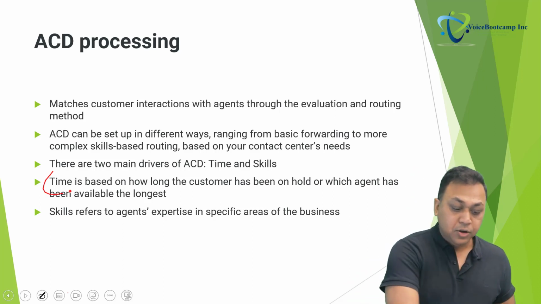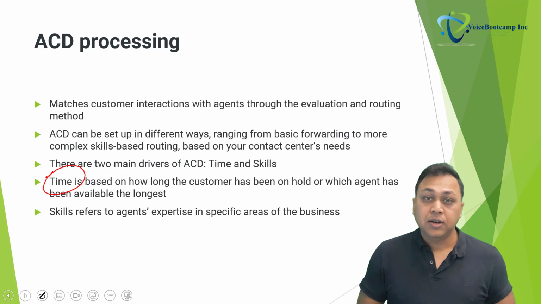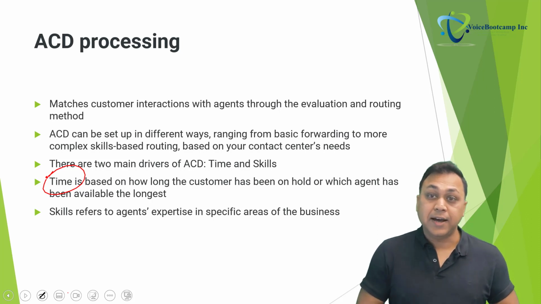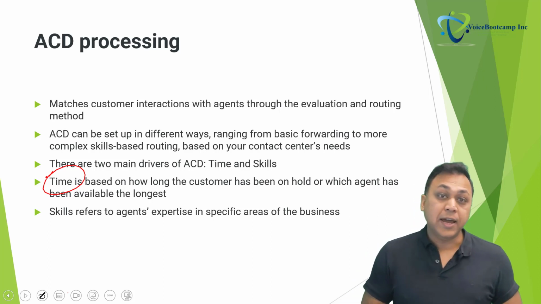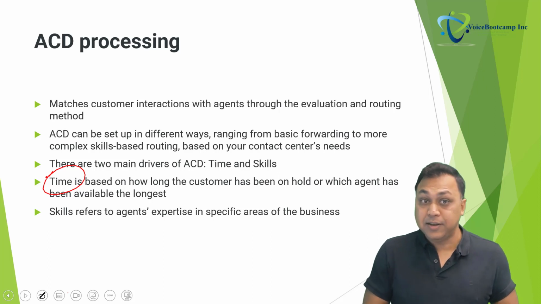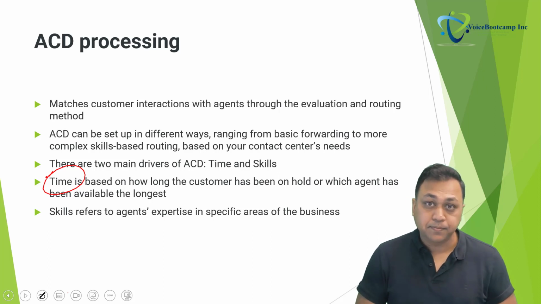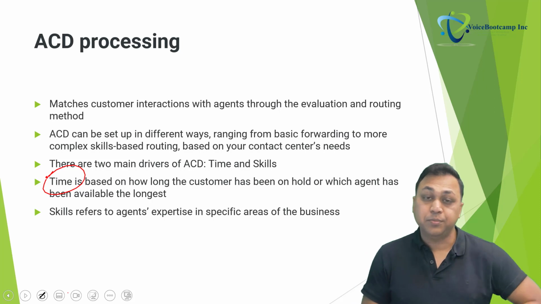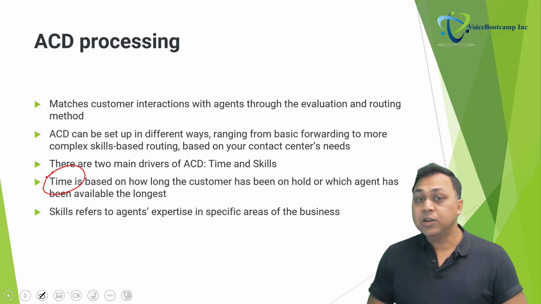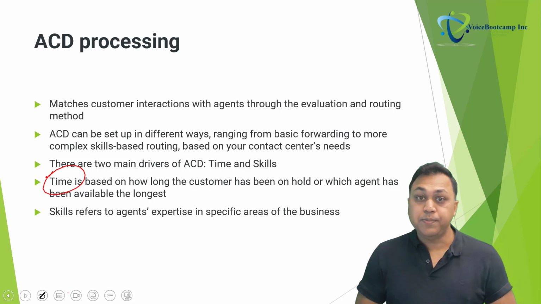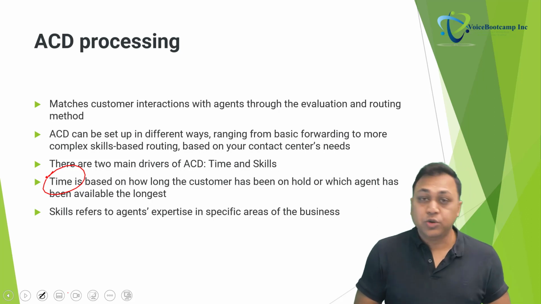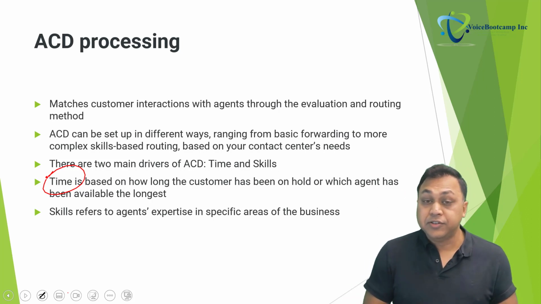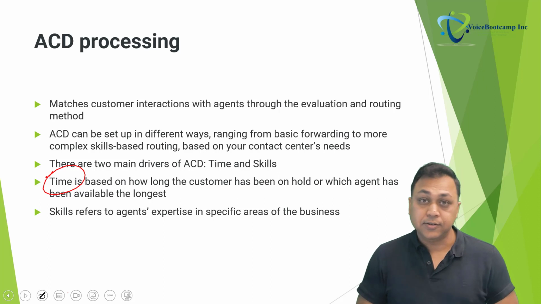Now, the time, which is basically based on how long the customer has been on hold or which agent has been available for the longest period of time. So that is one way of selecting the appropriate agent. The second way of selecting the appropriate agent will be based on the skill set. Skills refer to an agent's expertise.